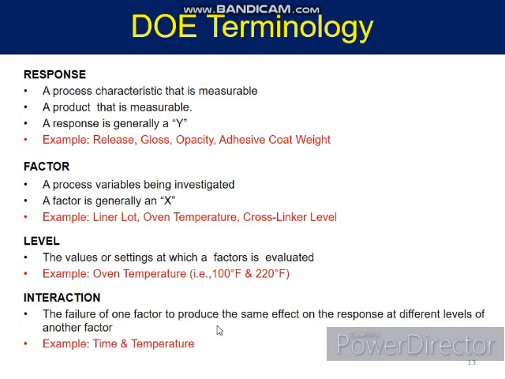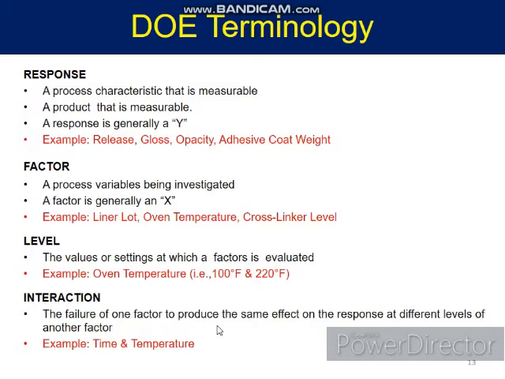For example, say the response is taste. You are talking about baking temperature from 100 to 150, and the number of eggs is 1 and 2. What this says is the failure of one factor to produce the same effect on the response at different levels of another factor.